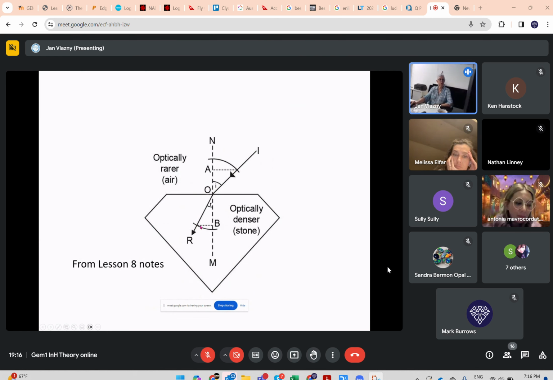So this is out of your notes where they're saying, all right, that length there and that length there are going to be the same. So we get that length, and that length gives us two triangles. And as I say, you don't have to learn that. This is only for those mathematical bods who want to know where it comes from. All you need to know is the formula, but this is how they've worked it out. So we've got an incident angle, we've got a refracted angle, and by using maths and triangles, we know what the sine of those angles are going to be.